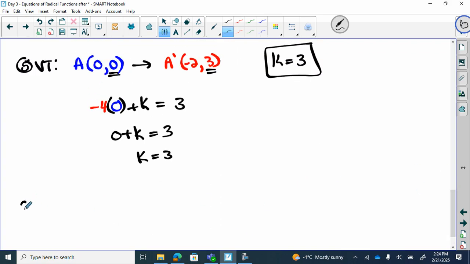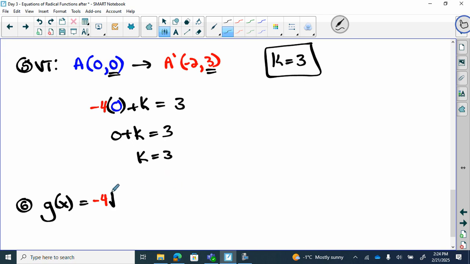What would I write for the equation? G at x equals. What parameter comes first, A, B, H, or K? A. What should I write for A? -4. Now, I'm not going to write the f for function like I did in chapter 1. What type of function are we working with in chapter 2?